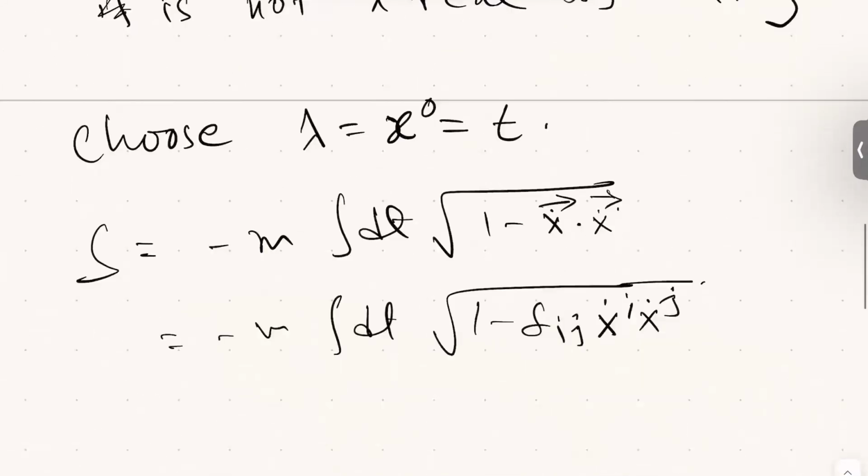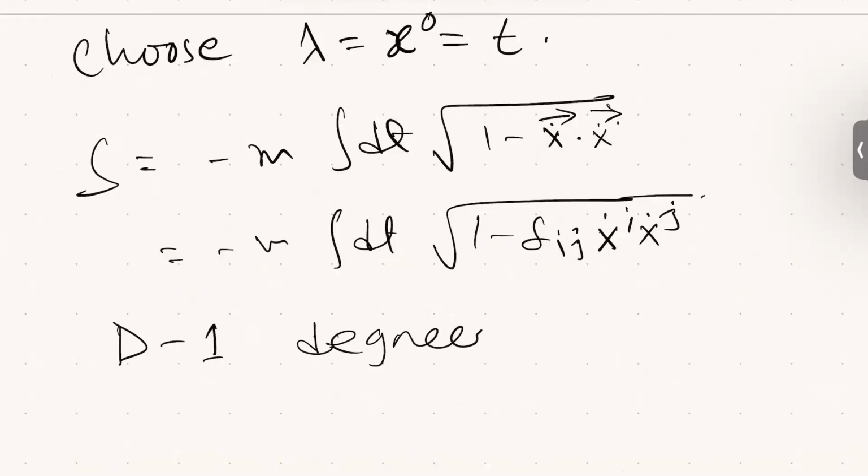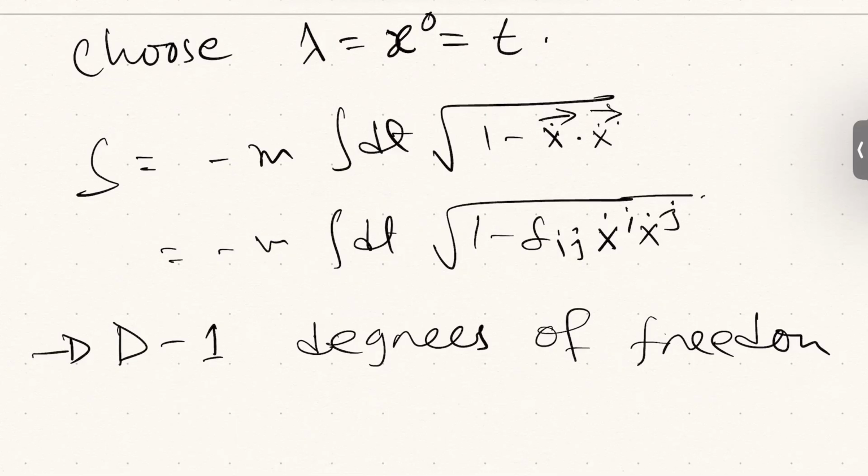On the other hand, here actually there are d minus 1 degrees of freedom. So if there is a massive particle moving as a point particle in d-dimensional geometry, the number of actual degrees of freedom is d minus 1.